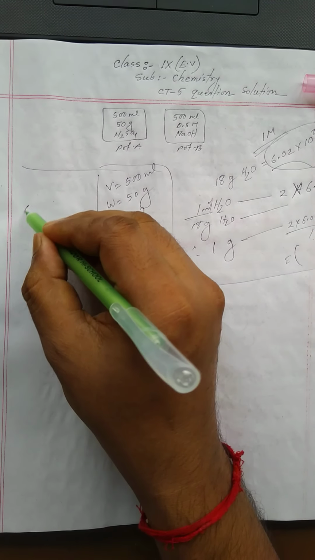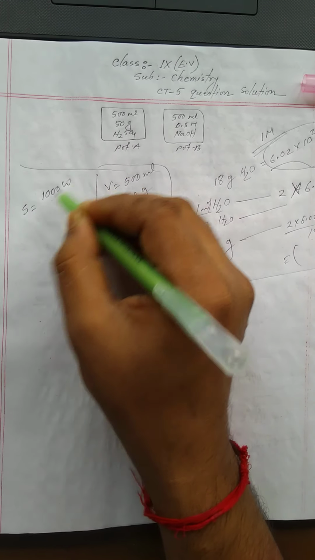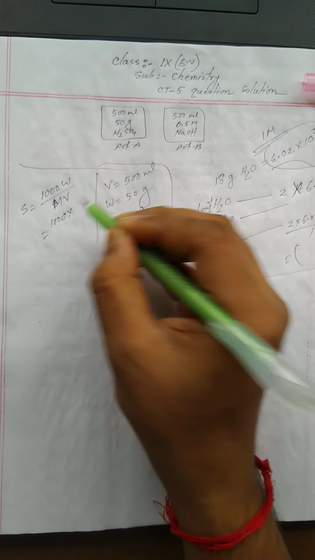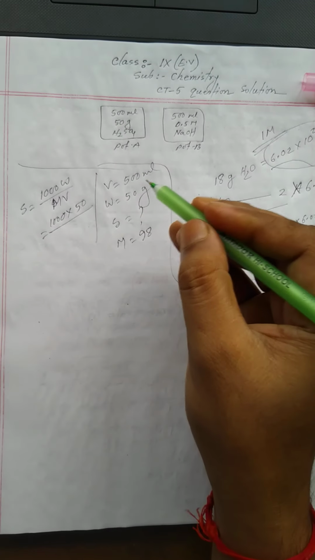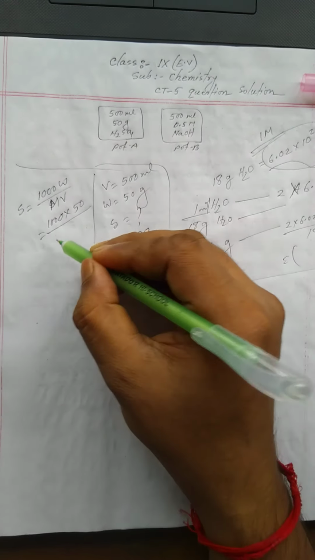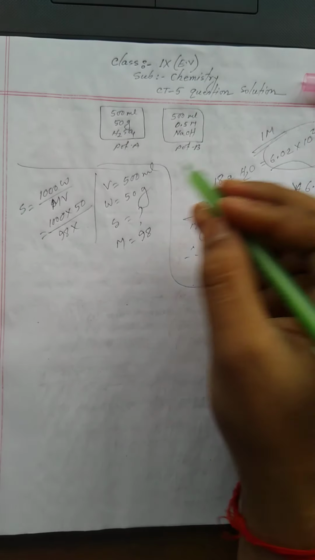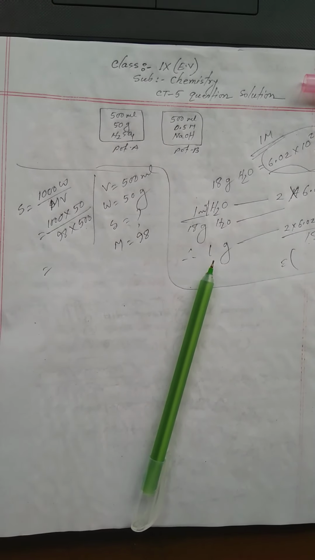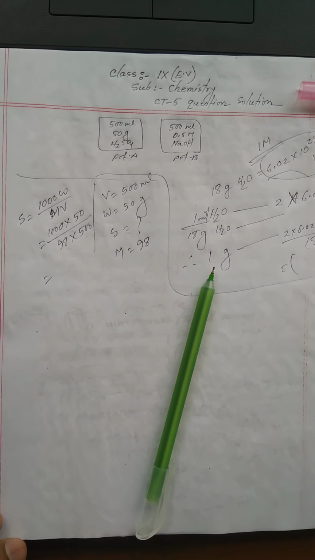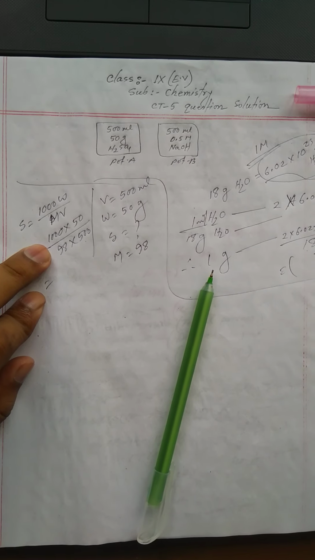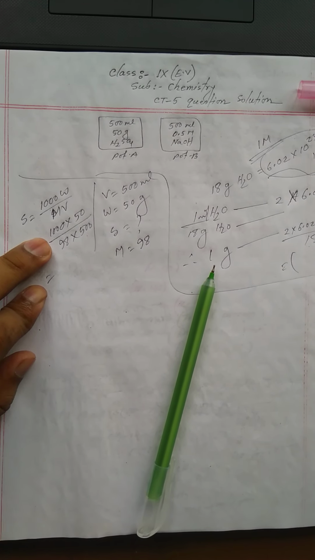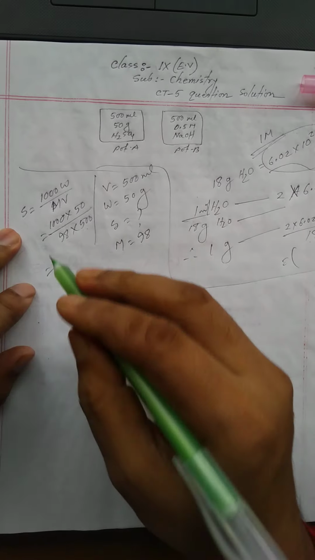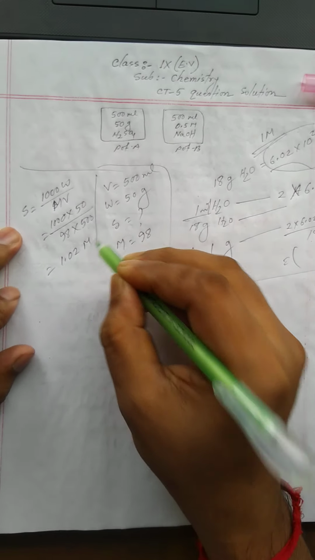Now we know S is equal to 1000 W by MB V. That means 1000 multiplied by 50 divided by 98 into 500, and this will be 200 divided by 98, 1.02 molar.